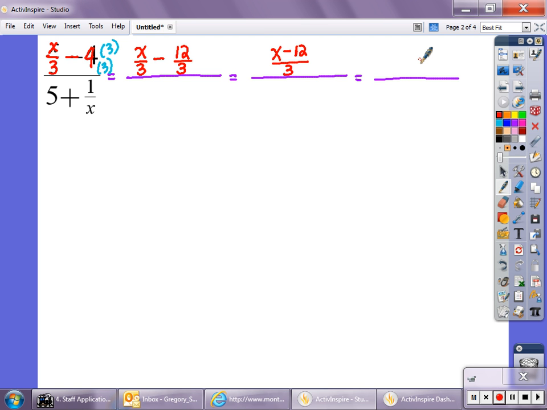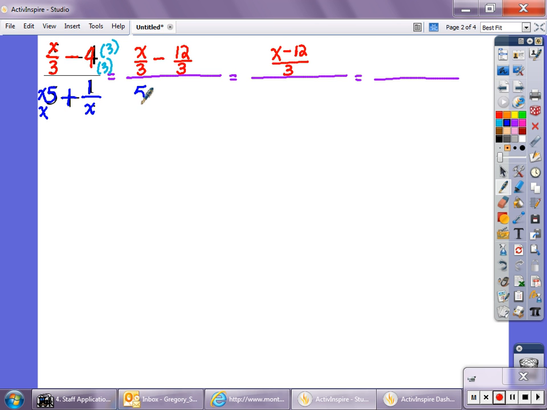Now we're going to go to the denominator. And in the denominator, what I see is a 5 plus 1 over x. Now the common denominator of this here is going to be x. This denominator has an x, this does not, so I need to multiply by x over x.